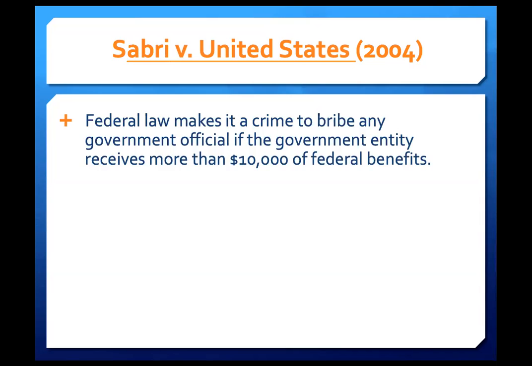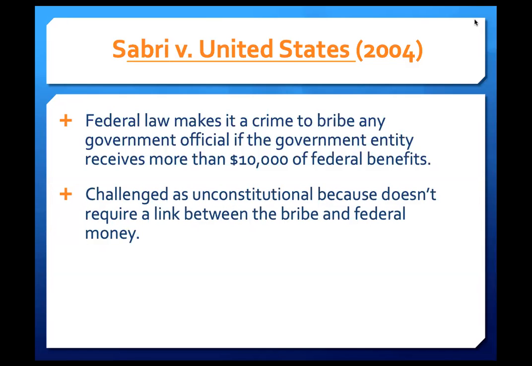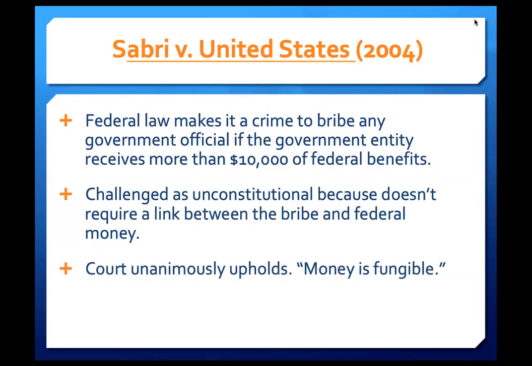But writing for a unanimous court, Justice Souter said that there is a sufficient link between Congress's spending powers and criminalizing bribery. And what he actually does is bring together both the Necessary and Proper Clause and Congress's spending powers. He says that Congress can spend to promote the general welfare, as we just talked about.